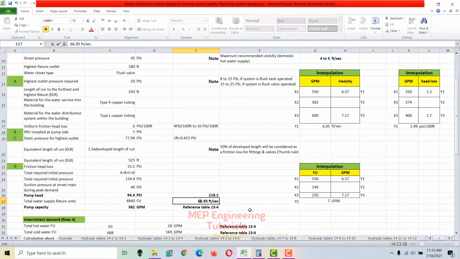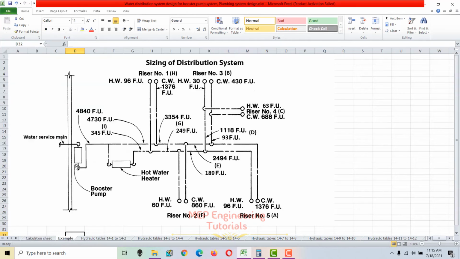So this pipe segment from the booster pump discharge up to this point will be 6 inches. The same water supply fixture units, 4840, apply here, so we can use the same pipe size.